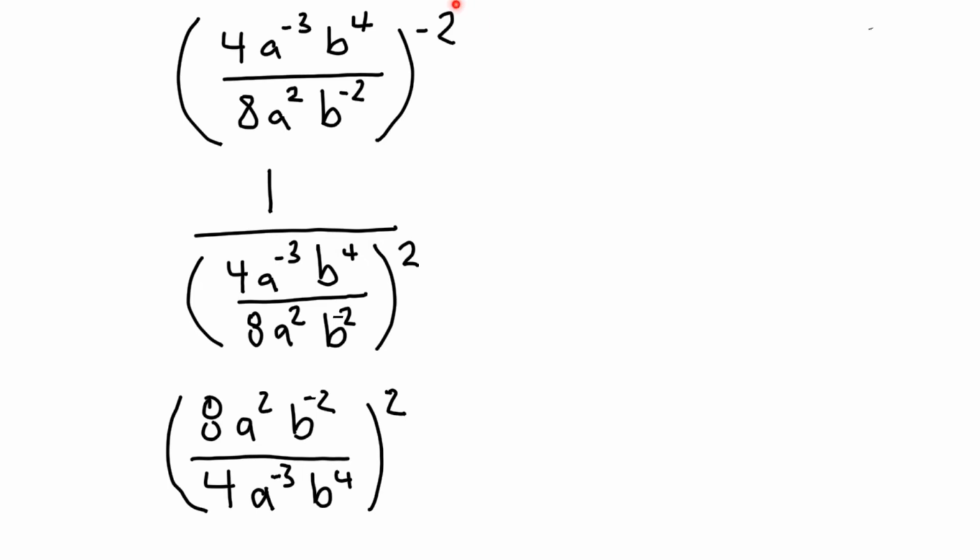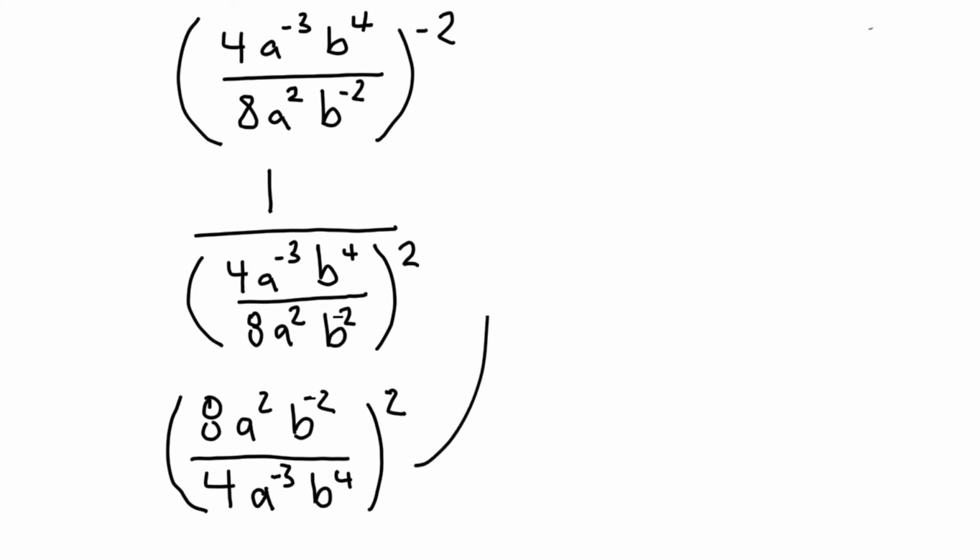When you have a negative exponent and you want to turn it to a positive one, all you have to do is flip things around. So everything that was on the bottom of this fraction is now on the top, and everything that was on the top is now on the bottom. So that's finding the multiplicative inverse or reciprocal. We're just turning everything upside down.